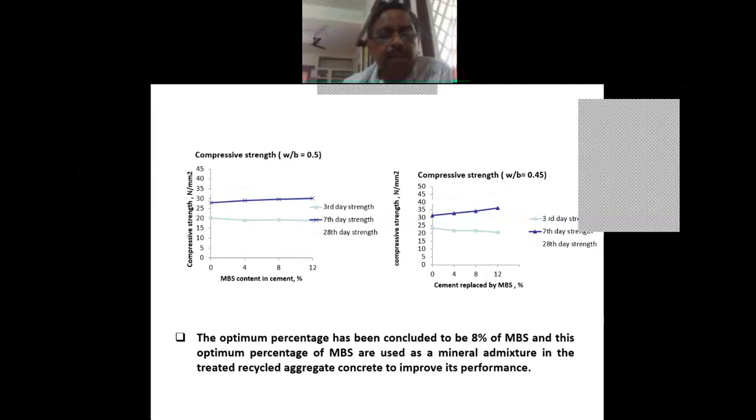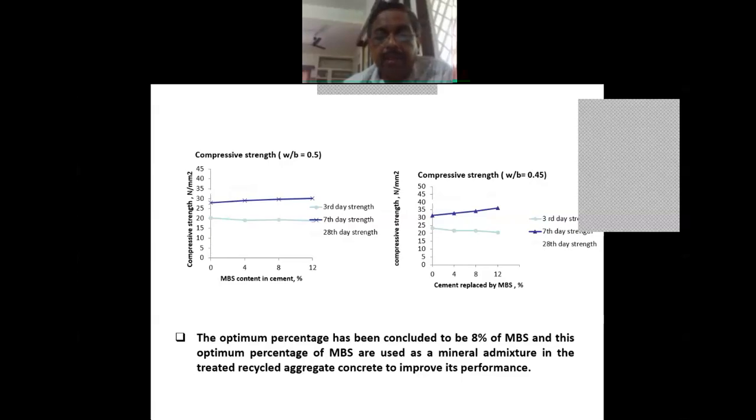Whereas in fly ash, the optimum is around 25%, and you can go up to 35% replacement. In slag, you can go up to 65%. In MBS, microbial biomass silica, you can go up to around 8 to 12%, but we have taken 8%, based on initial studies of how it will react.